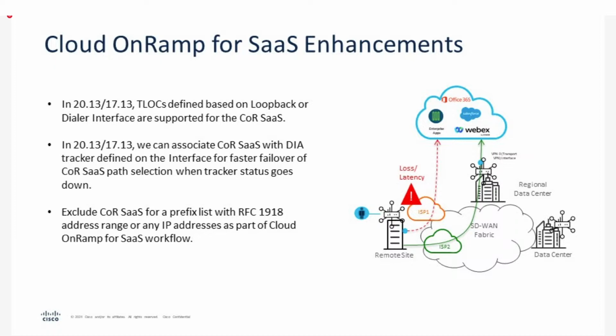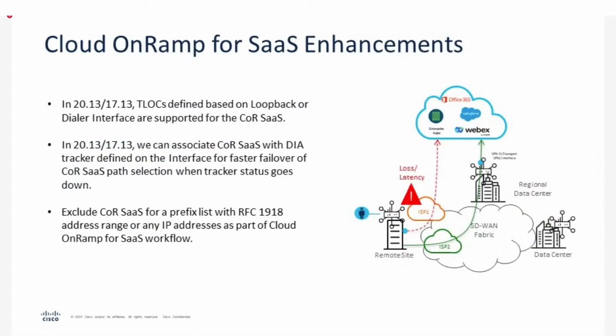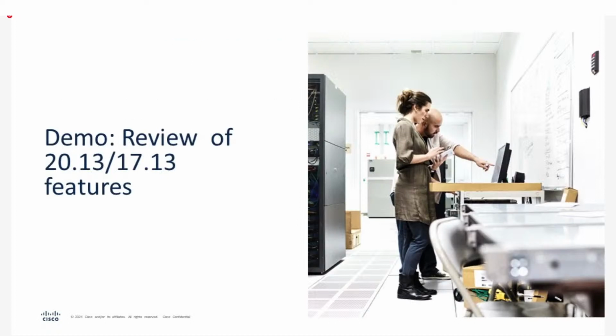And you are also allowed to exclude prefixes using a prefix list for your cloud on-ramp for SaaS. So all these features have been addressed in the 20.13 release. And that was the feature overview.